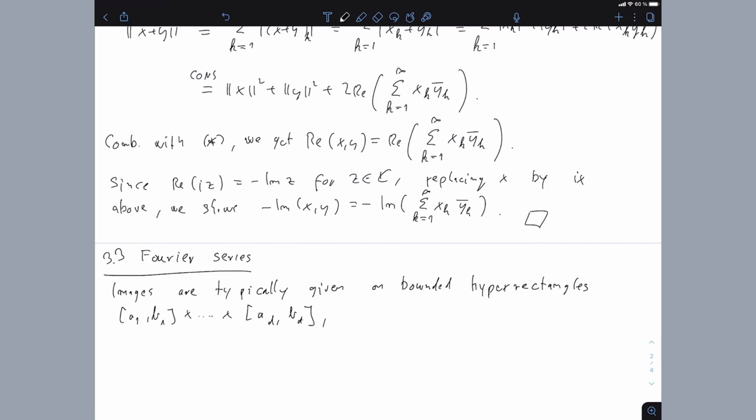The typical use case for us is just a rectangle or the unit square when we think about images. So we are interested in a transform that is not on all of R^D, but on such hyperrectangles.